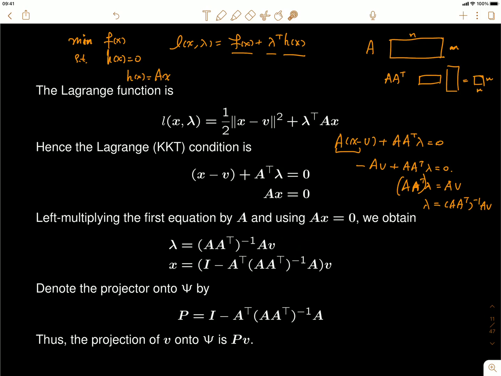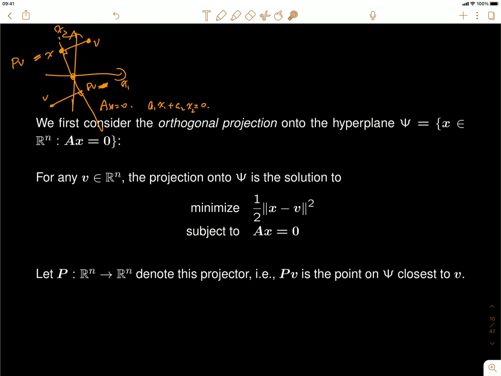We get this lambda equal to that, and then once we put this back into here, and we move this v and A^T lambda to the right, we'll get that. Okay, so x equals this. So now we have actually solved for lambda and x. And you know that this x is what we need. It's the minimizer of this problem.